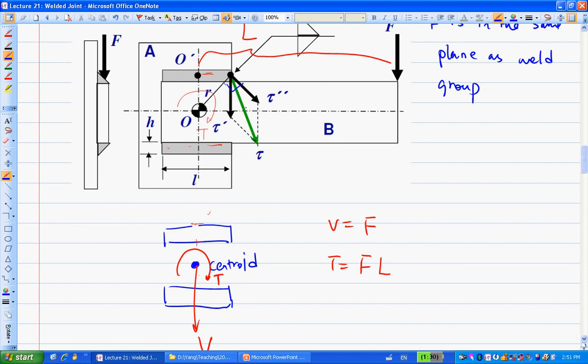Now this is how you draw these two shear stresses. They are like two vectors. This tau prime is due to the V, that's going down.